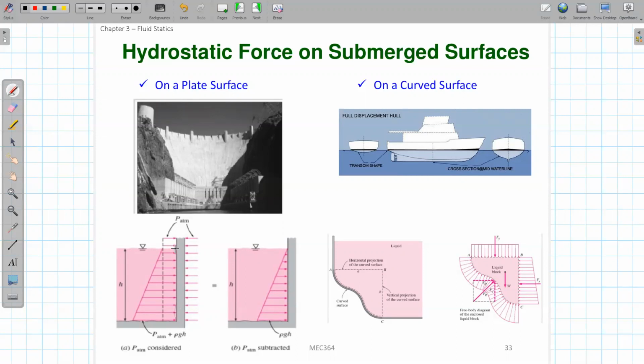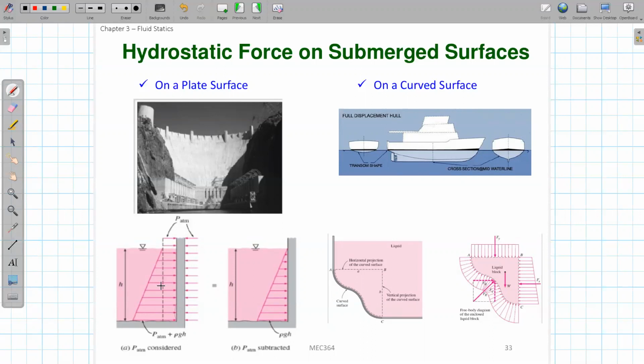In the location very close to the surface, the pressure force is not that big, but the deeper we go, the larger the pressure force this surface will experience.